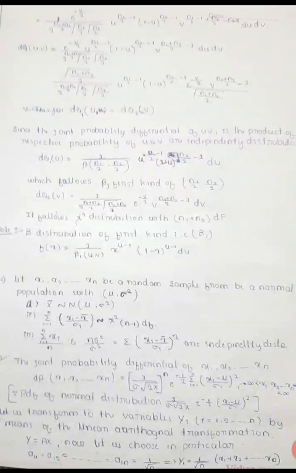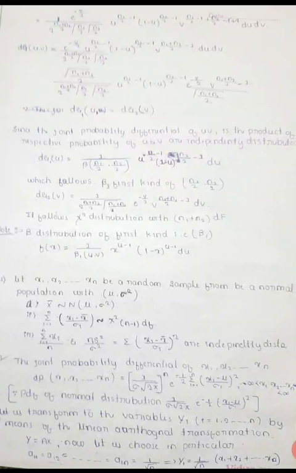That is why dg1 of u is equal to 1 upon beta of n1 by 2, n2 by 2, u raised to n1 upon 2 minus 1, (1 minus u) raised to n2 upon 2 minus 1, du, which follows beta first kind of n1 by 2, n2 by 2. dg2 of phi is equal to 1 upon 2 raised to (n1 plus n2) upon 2, gamma of (n1 plus n2) upon 2, into e raised to minus phi by 2, phi raised to (n1 plus n2) upon 2 minus 1, dphi. It follows chi-square distribution with n1 plus n2 degrees of freedom.